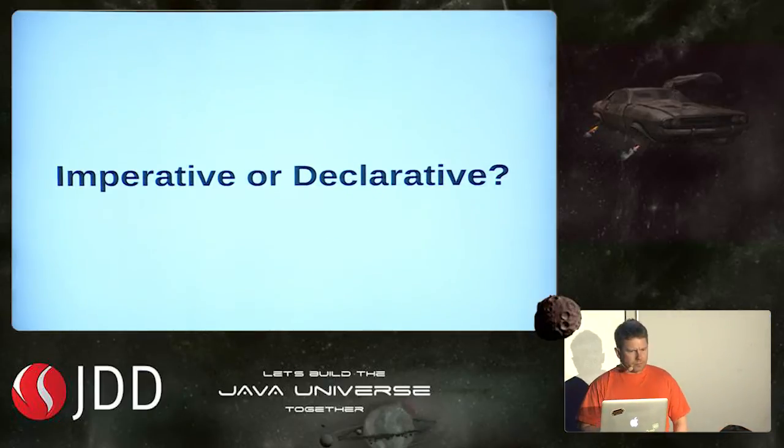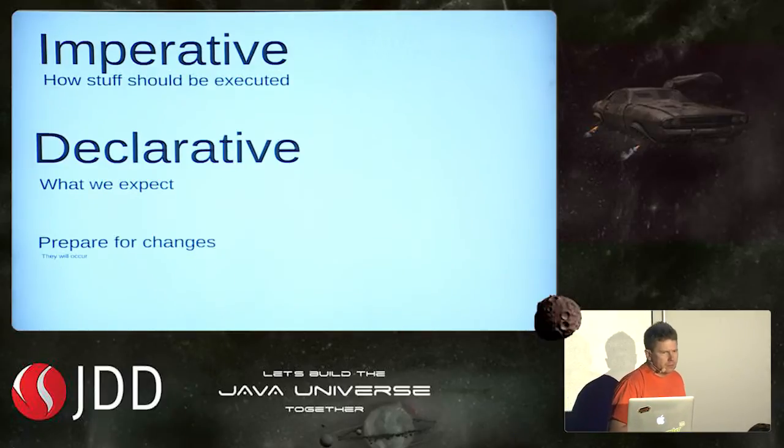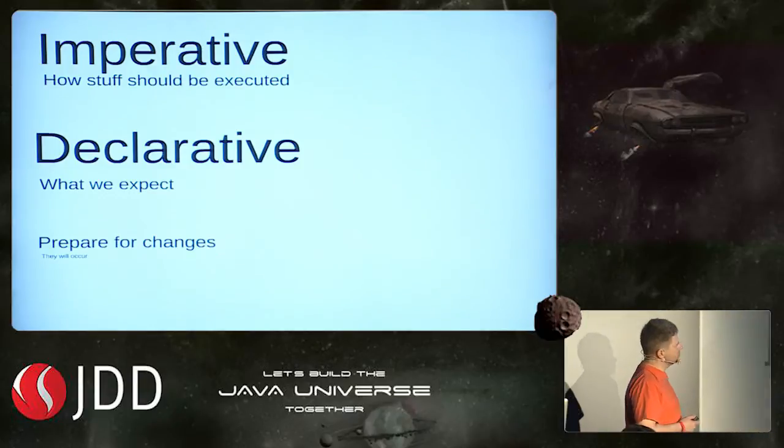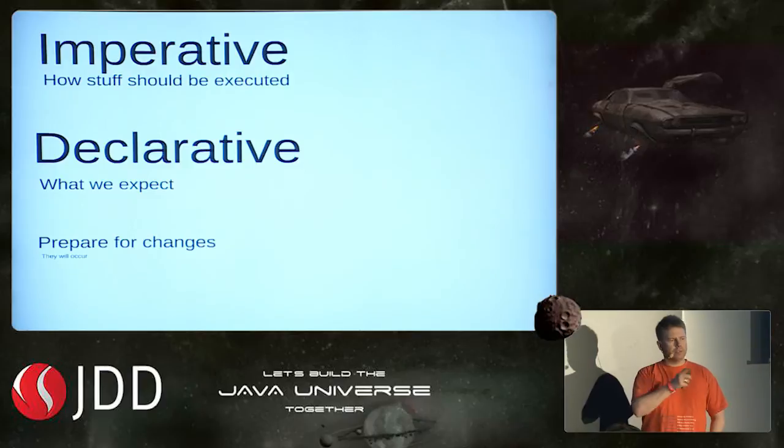Right? So how should we express ourselves? Imperative, or should we do it declarative? Well, what is the difference? Imperative, we tell something how it should be done. I mean, Java is an imperative language. We say, do this, do that, and then do that.